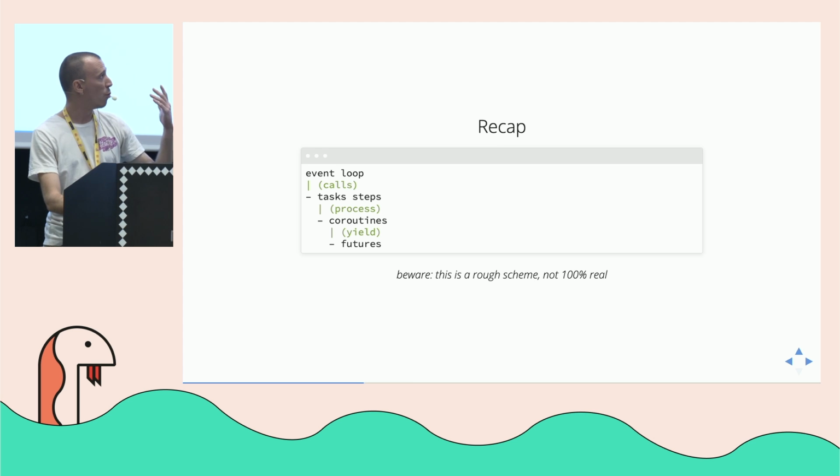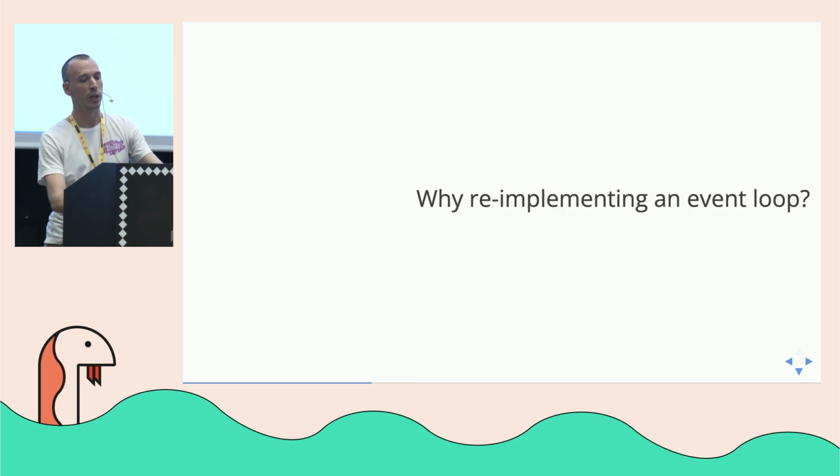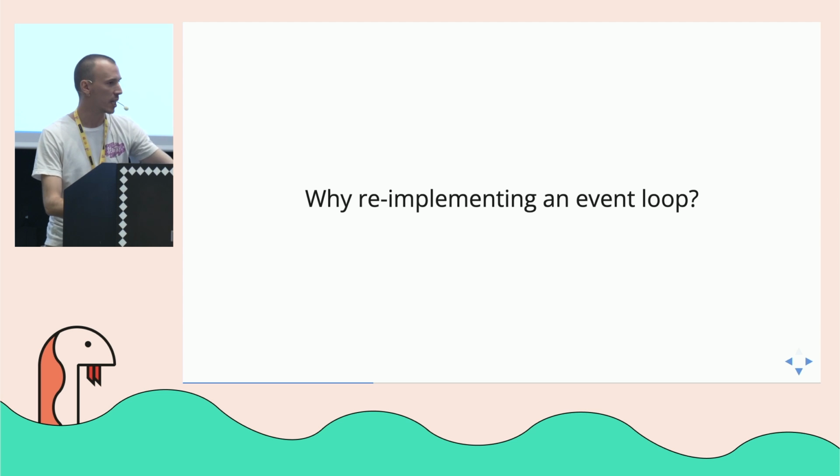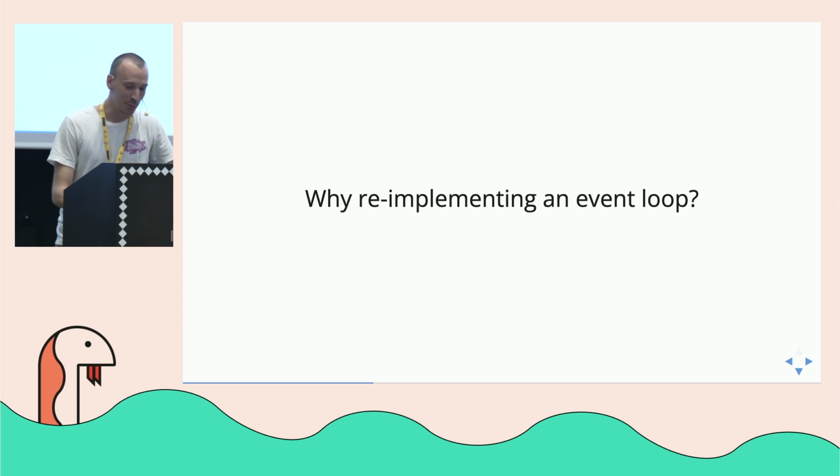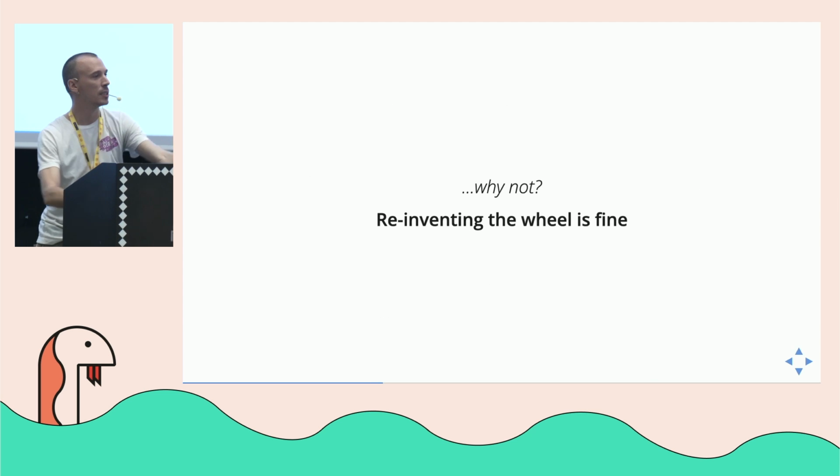And now that we know what, we can start asking ourselves, why? Why re-implement an event loop? And why not? There's nothing wrong with reinventing the wheel. I spent the last 10 years of my life reinventing the wheel. Reinventing the wheel is good. We live in this strange moment of humanity where it seems like, hey, just use Cursor and tab.